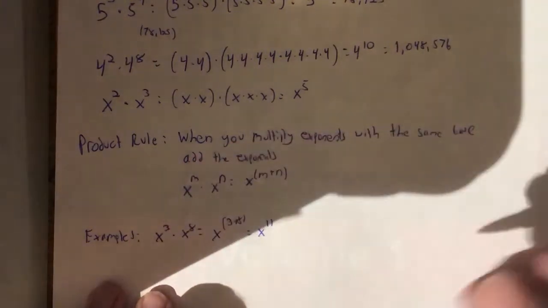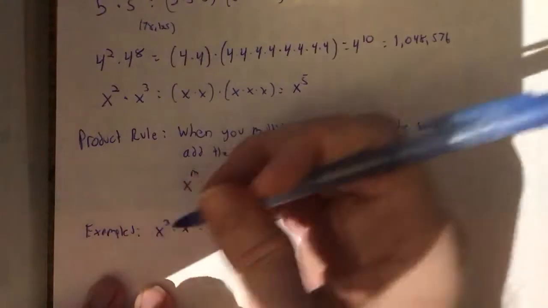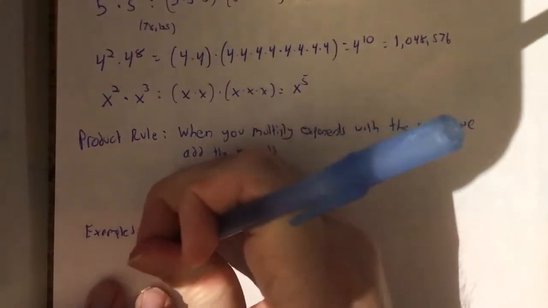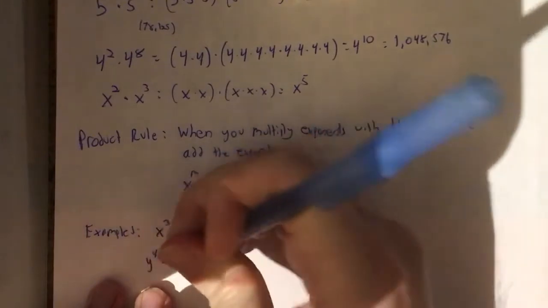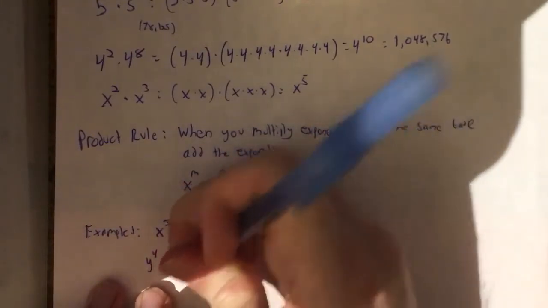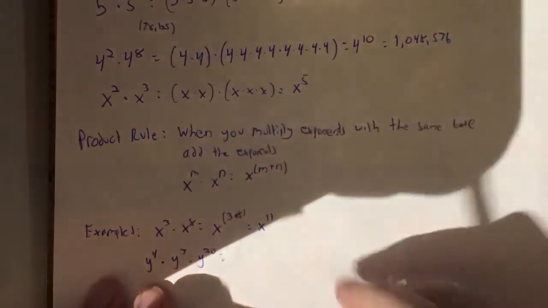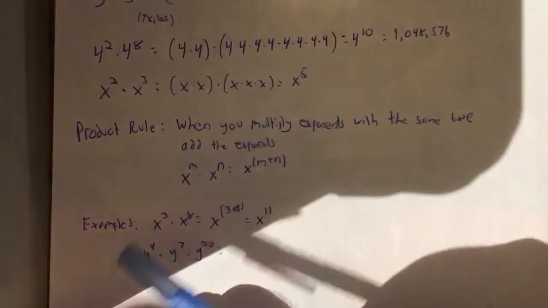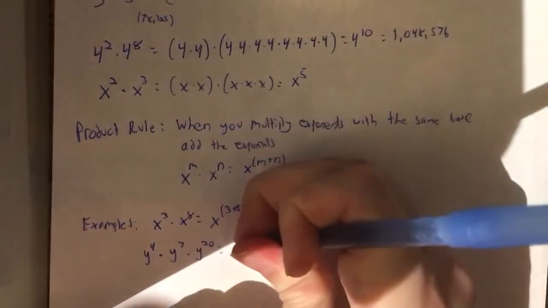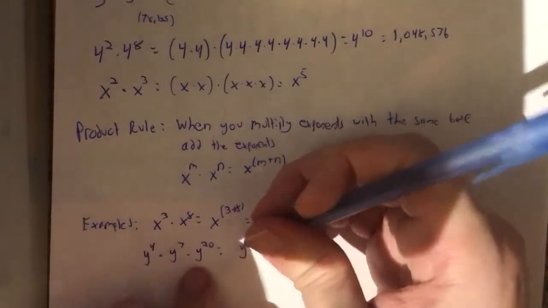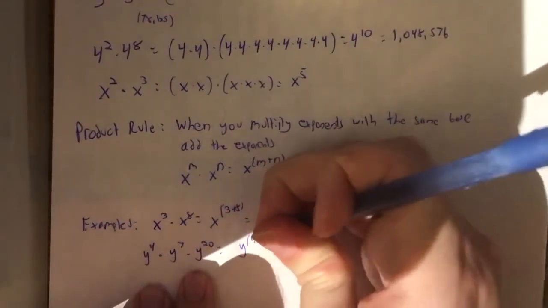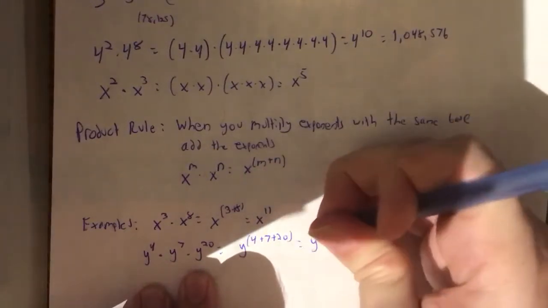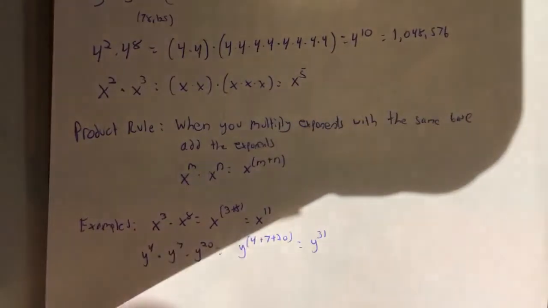I could do it with more than two exponential forms. So let's do y to the 4th times y to the 7th times y to the 20th. It doesn't matter if I have 1, 2, 3. All the bases are y, so I can keep that. And then I just add the exponents together. So 4 plus 7 plus 20 equals 31. So it's y to the 31st.